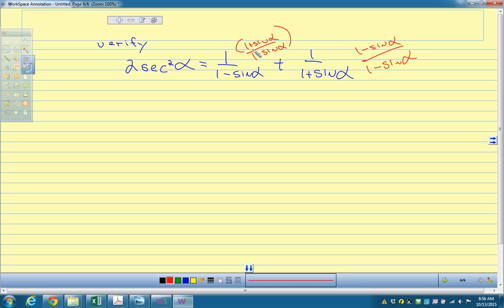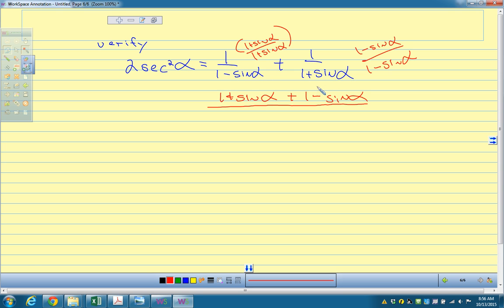Then what I get on the top is 1 plus sine alpha plus 1 minus sine alpha. I don't have to worry about parentheses because it's plus. The whole thing over 1 minus sine alpha times 1 plus sine alpha.